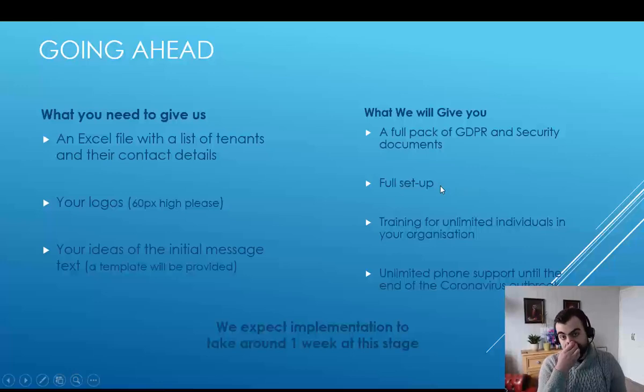And we will completely set up the system for you, give you full training for whoever needs it, via online screen share methods, and then we will give you unlimited phone support throughout the entire duration of your usage of the tool. We would expect the implementation at this stage to take around 1 week, but that could be drastically shorter if you can provide us with this information quicker.